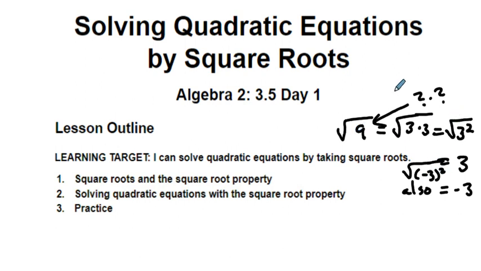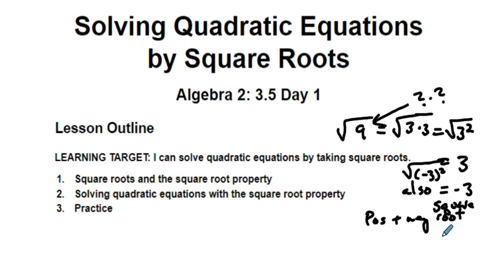So a big thing that we're going to do today, when we're taking square roots of things, is account for the fact that we're always going to have a positive and negative square root.